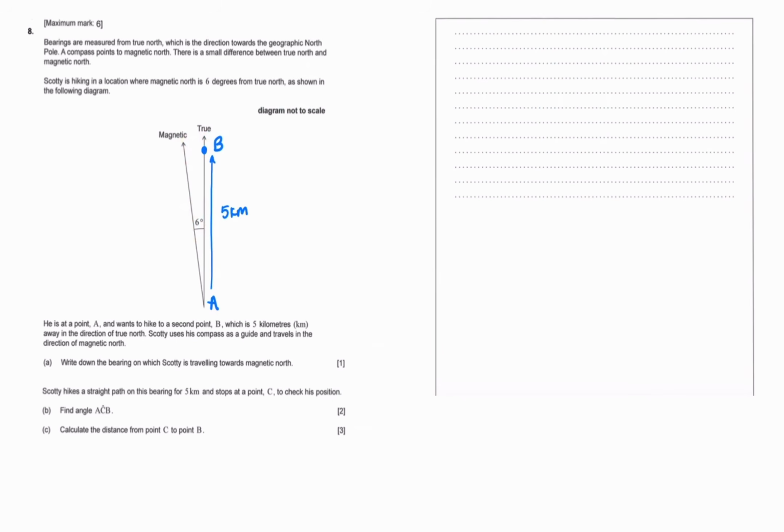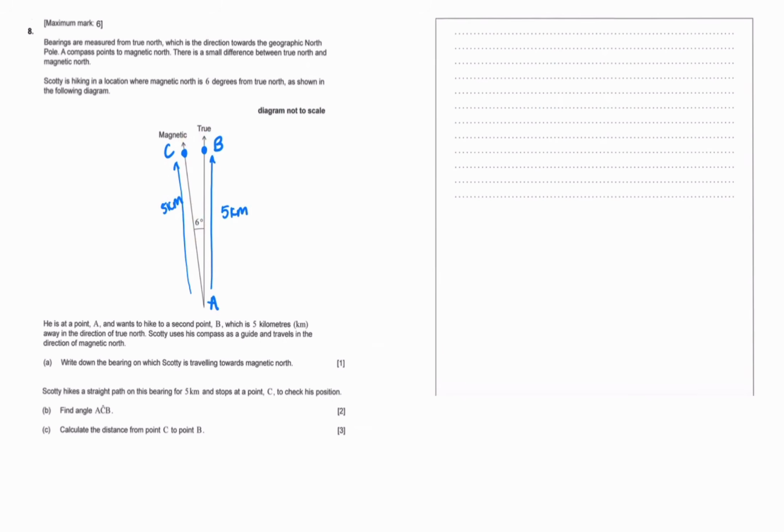Okay. And we're told that as his guide, he uses a compass. So he actually ends up walking in the direction of magnetic north. So he's obviously going to be traveling in the magnetic north also 5 kilometers. So this is also 5 kilometers, and this takes him to point C. And we need to write down the bearing to which he is traveling towards magnetic north.